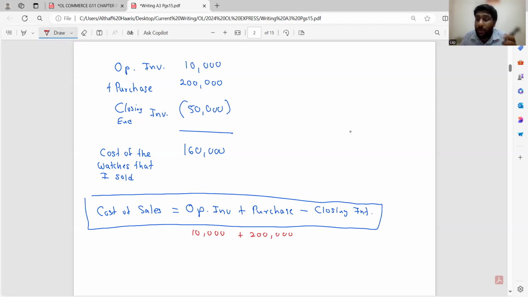You should have 210,000 worth items. But only 50,000 worth items are there. What happened to 160,000 worth items? 160,000 worth items you sold.